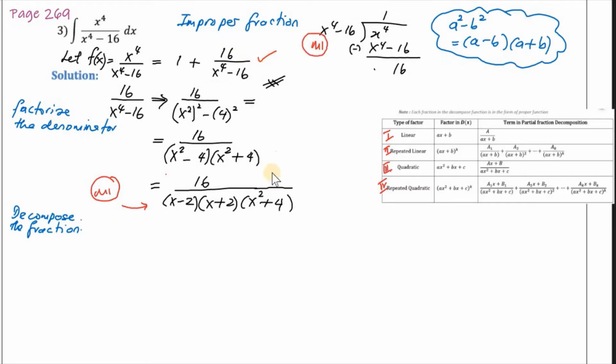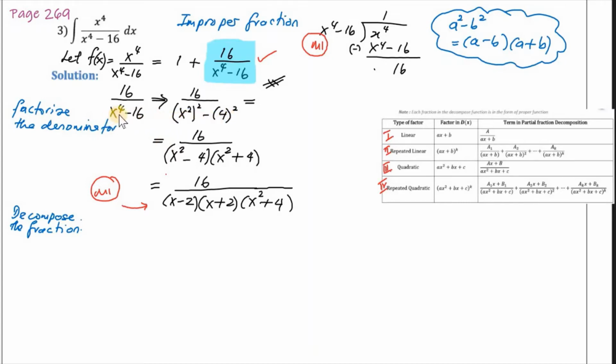As for this form, you do need to simplify it further by breaking it down into simpler, different fractions. Before you can decompose the fraction to split it up, you need to factorize the denominator.